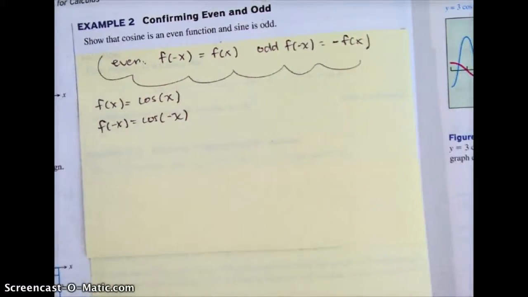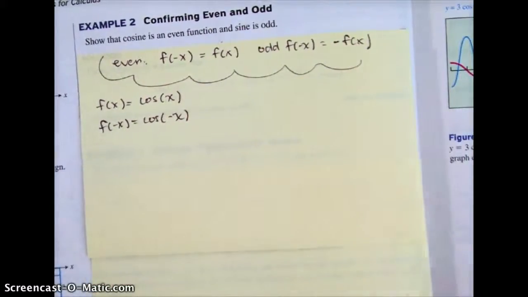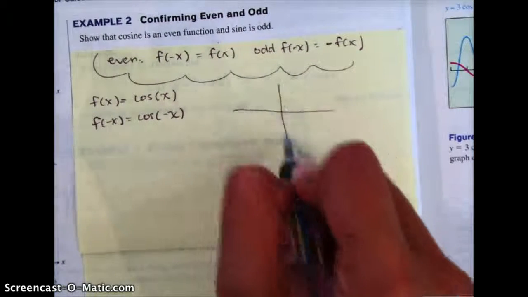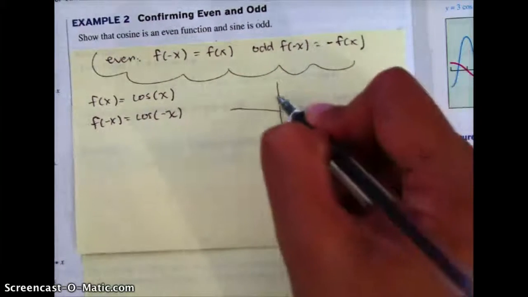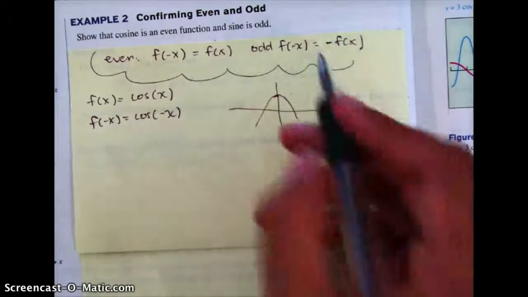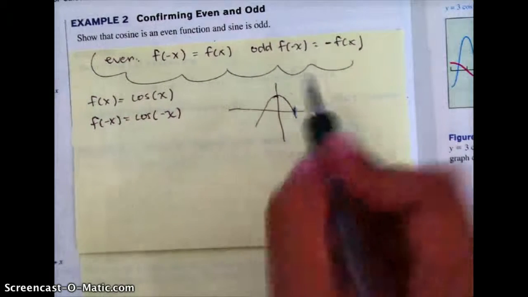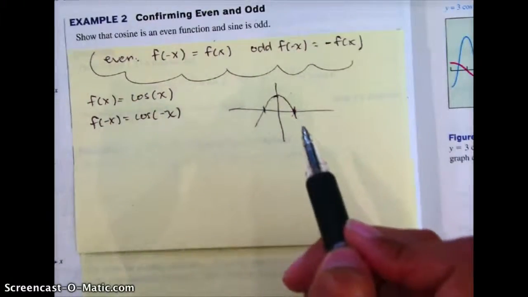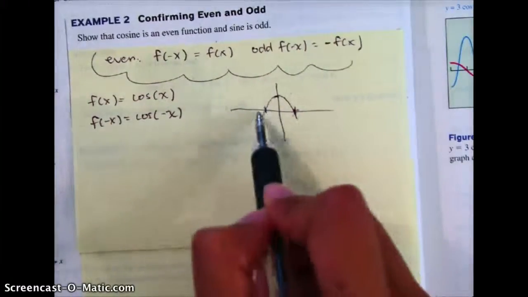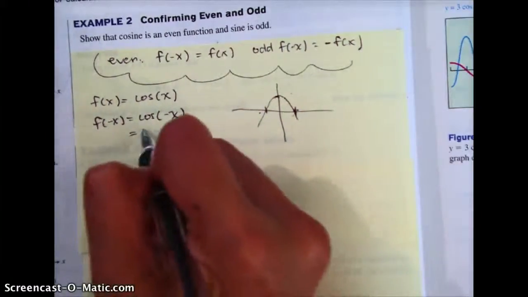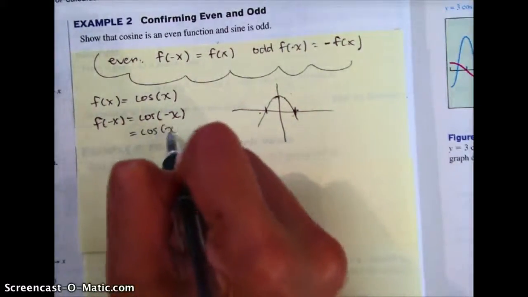There's no way to simplify that. But if you go to the graph and you think about the actual x and y values, cosine looks like this, and then it goes on to both sides. If this is my x value, and I plug in the opposite instead, what do I get back? Well, the y value is exactly the same. So cosine of negative x is actually the same thing as cosine of x.